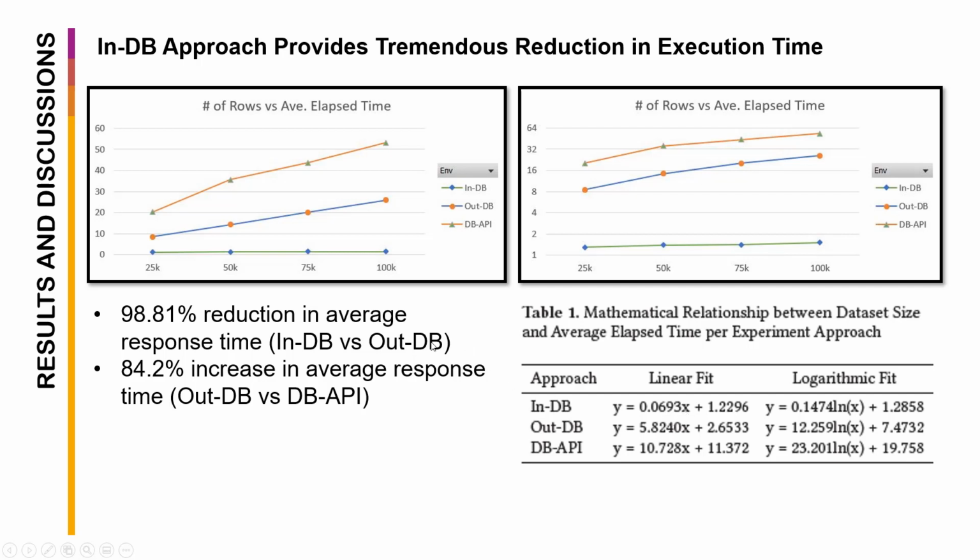We also measured the two other approaches, the out-database versus the DB API, and we've seen an increase of 84.2%. This is assumed to be the effect of continuous sending of SQL commands to the database, instead of providing a whole script to the database itself.